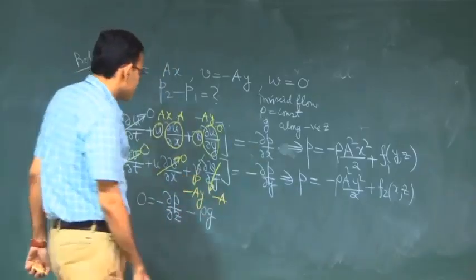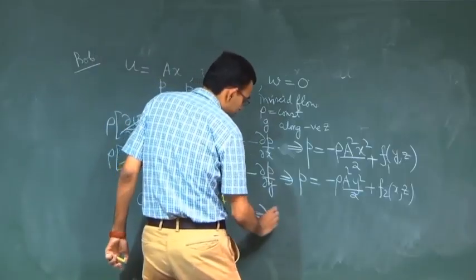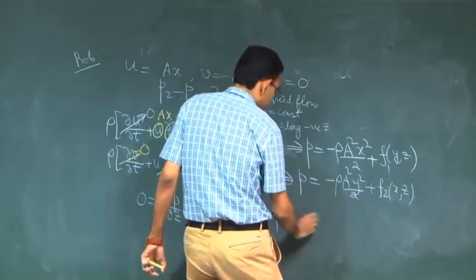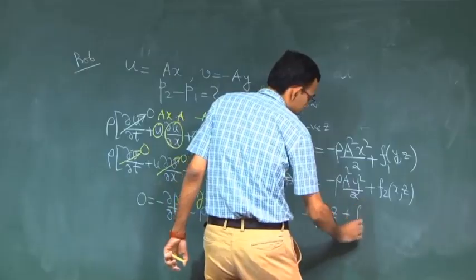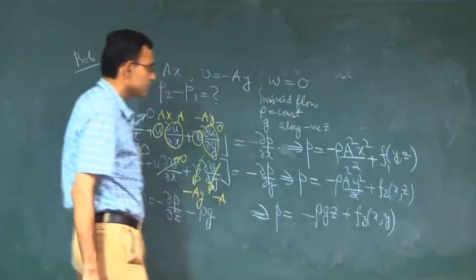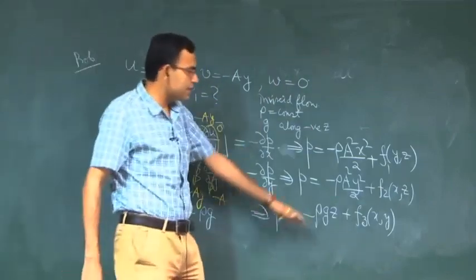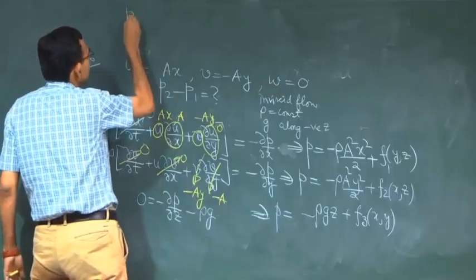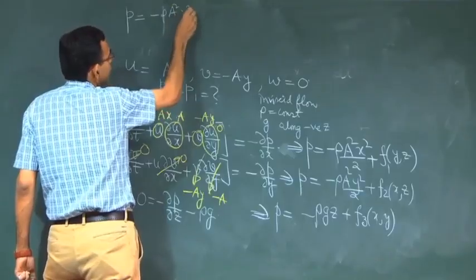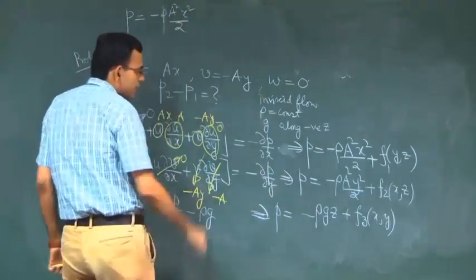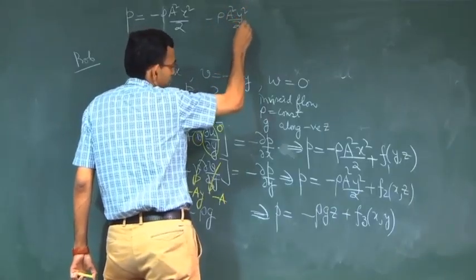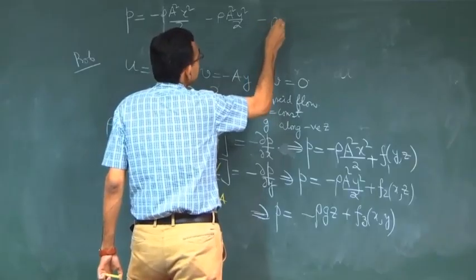So, with this, you will have P is equal to, if you compare these three, you can easily write that P is equal to minus rho, and the function of y and z will be this one.